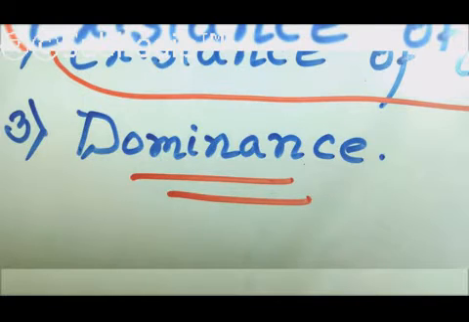Third, about dominance. Out of those two unit characters, one unit character expresses itself as dominant and the other one remains hidden or suppressed and is called recessive. The recessive character can express only when the pair consists of both recessives, homozygous recessives.